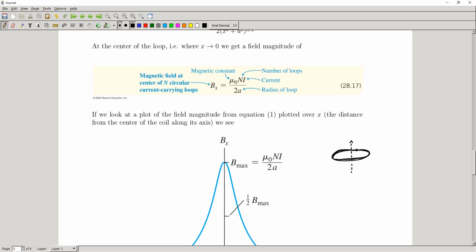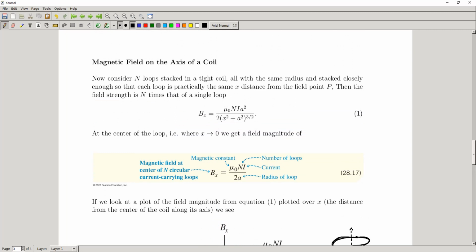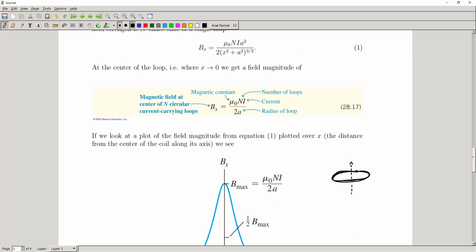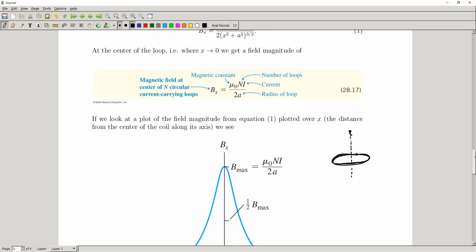They're stacked tightly enough that the distance from the field point in x, let's say we're interested in some point P out here, is going to be the same for basically all of them. Within reasonable rounding error, these are all going to be about the same distance from our point P.